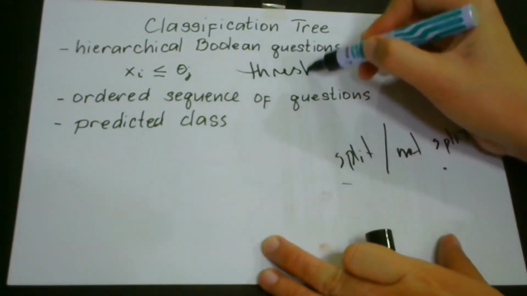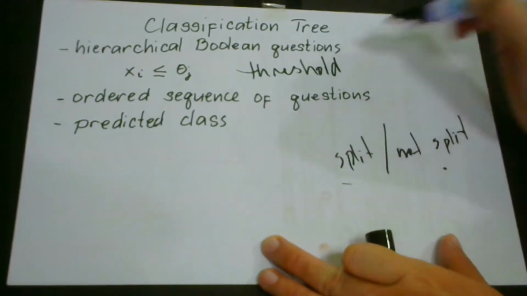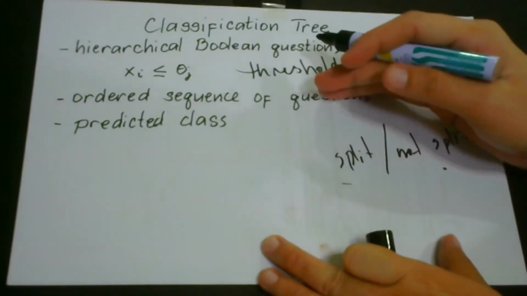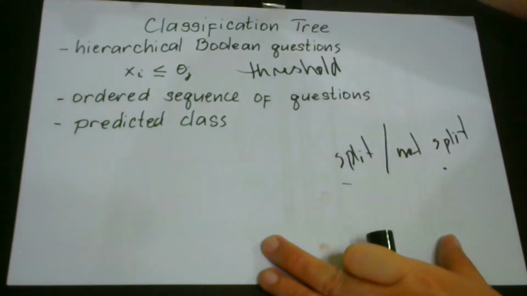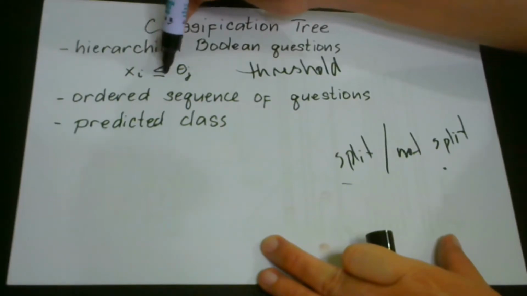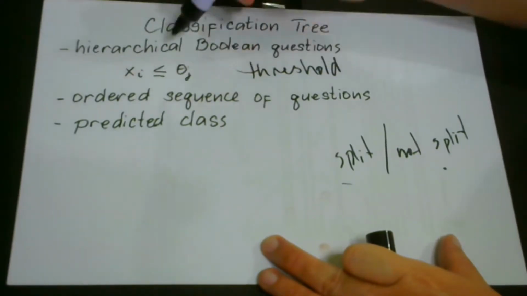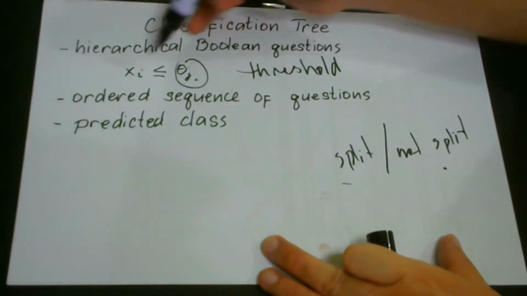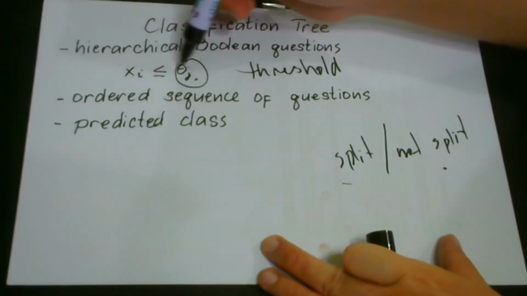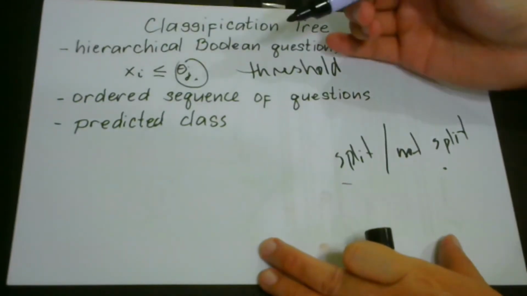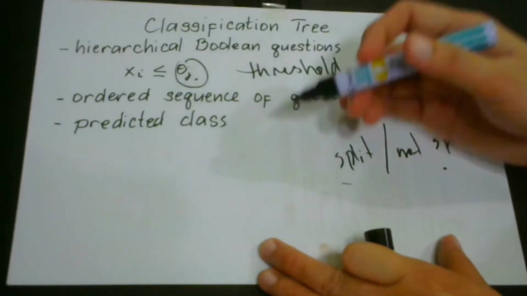And this threshold dictates in what binary option a certain decision belongs. So a certain decision is xi less than or equal to theta j, and theta j here is actually our threshold. It can also be xi greater than theta j. It depends upon the data science question at hand.